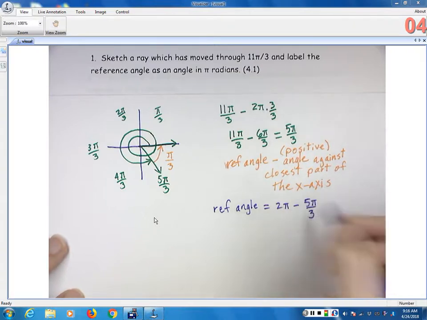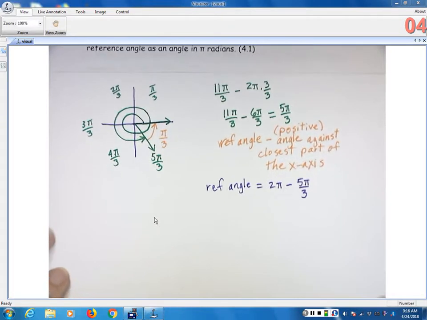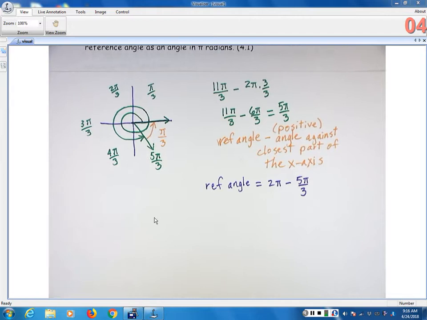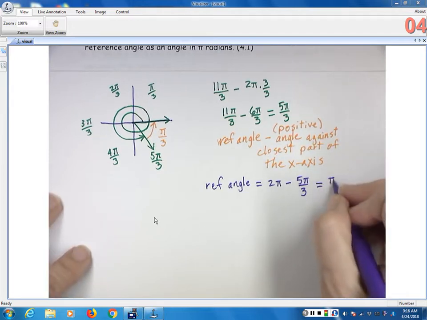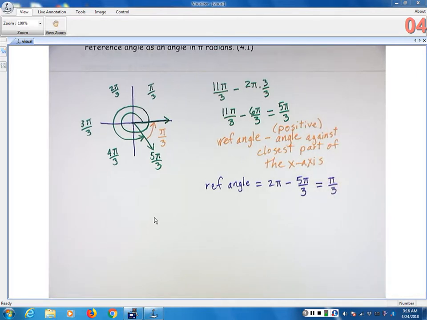And if you subtract the wrong way and get a negative number, just take the absolute value. So either way works, but I like the picture. You see exactly what it is. So that's the reference angle.